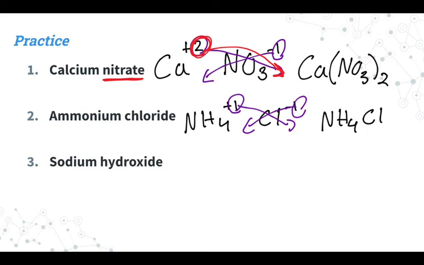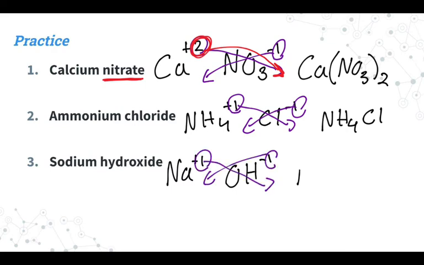And number 3, sodium hydroxide. Sodium, being Na, has a +1 charge. Hydroxide, being a polyatomic, is OH, and it has a -1 charge. We'll cross these down, so we get NaOH.